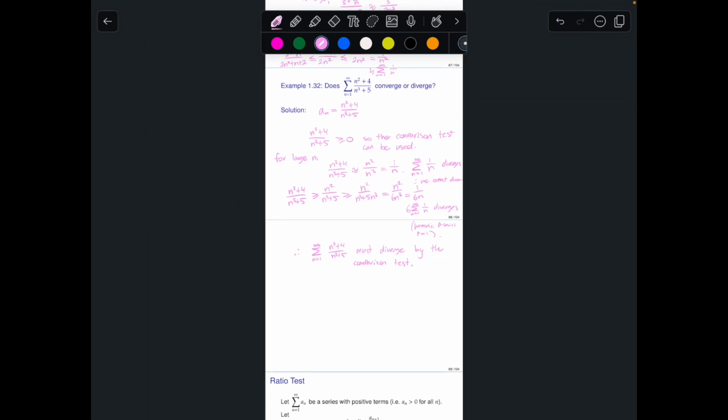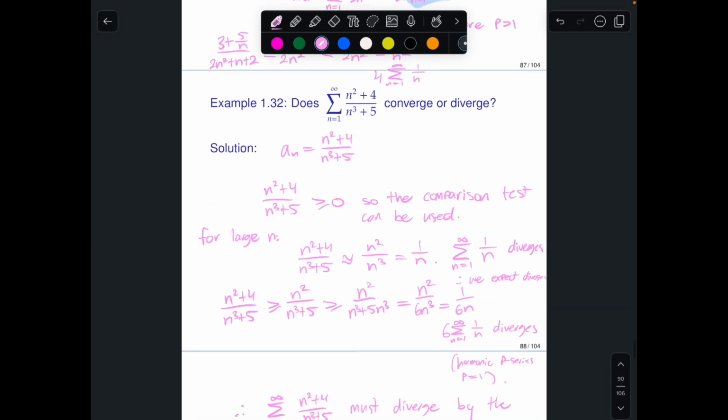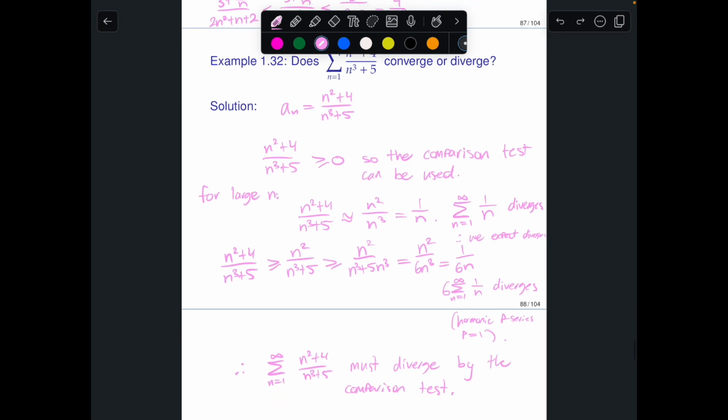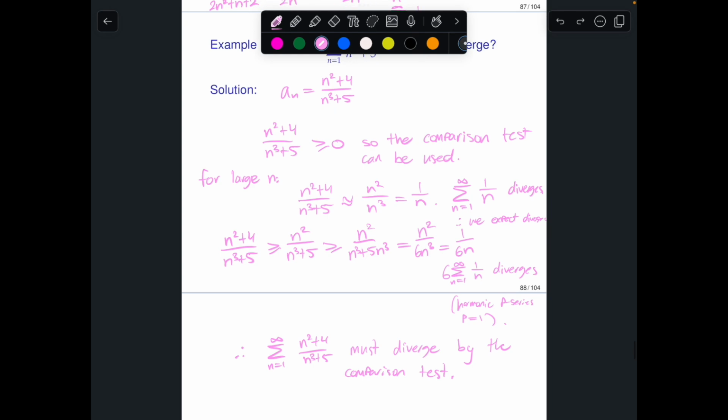And that's it. So to summarize, for comparison, you state what your actual function is, state that it's greater than or equal to 0, so the comparison test can be used. You think intuitively about what it looks like for large n and whether you expect it to diverge or converge.